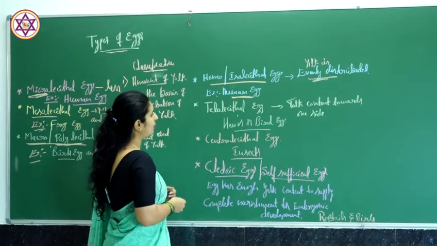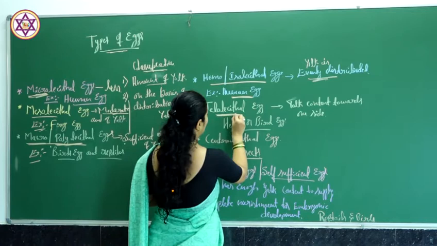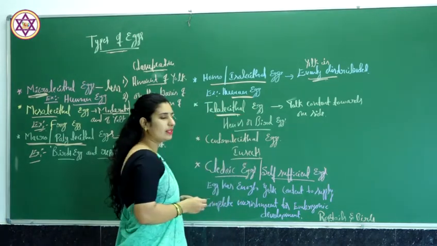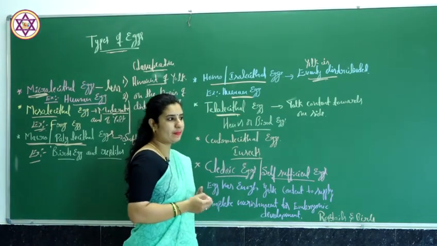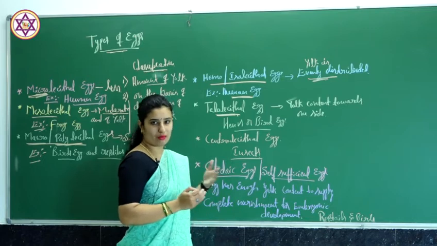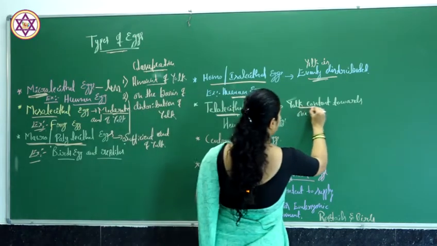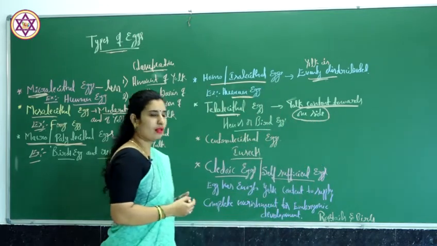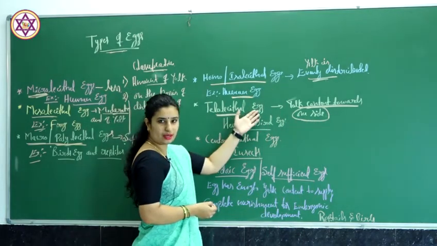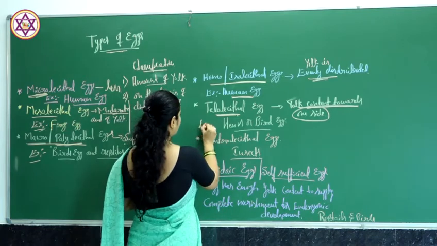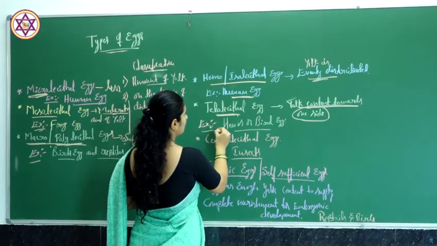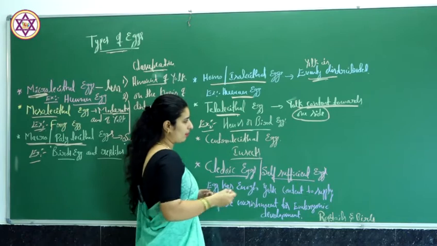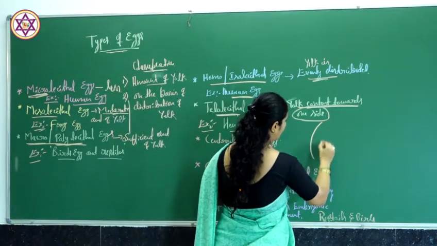The second one is telolecithal. Here the yolk is present or settled only at one place. Yolk content is present towards one side, then it is called telolecithal eggs. An example for this is the hen's egg.